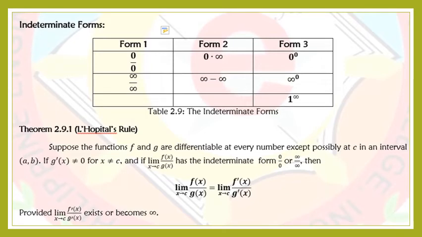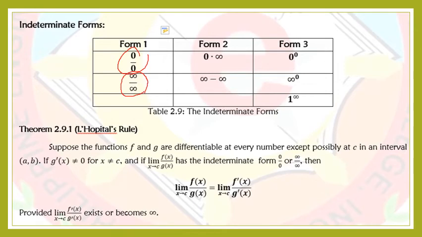Sa form 1, if nag-evaluate na kayo ng limit using direct substitution, if ang result is 0 over 0, form 1 yan. If ang result is infinity over infinity, form 1 din yan.